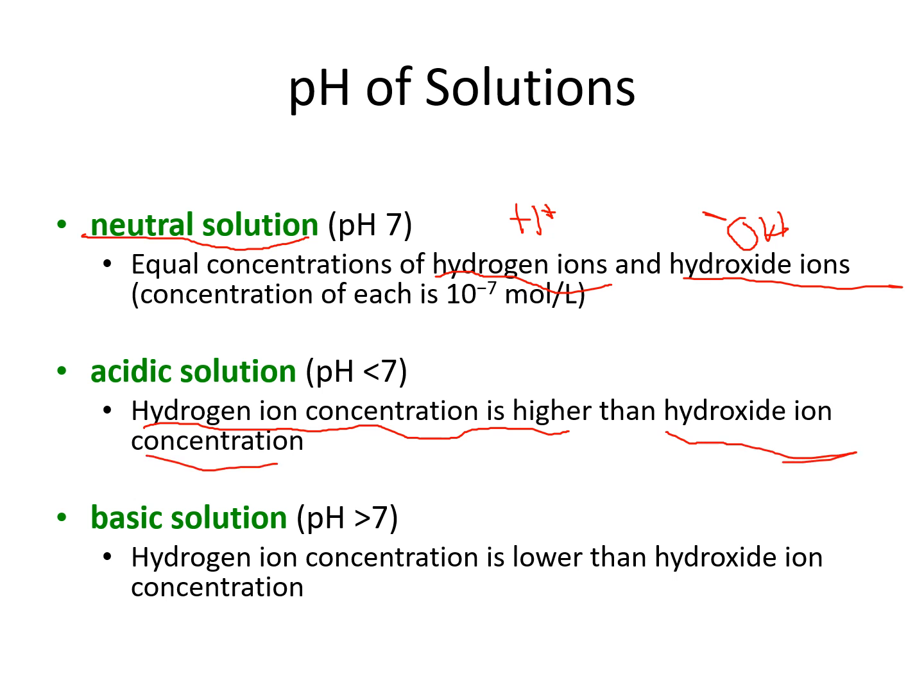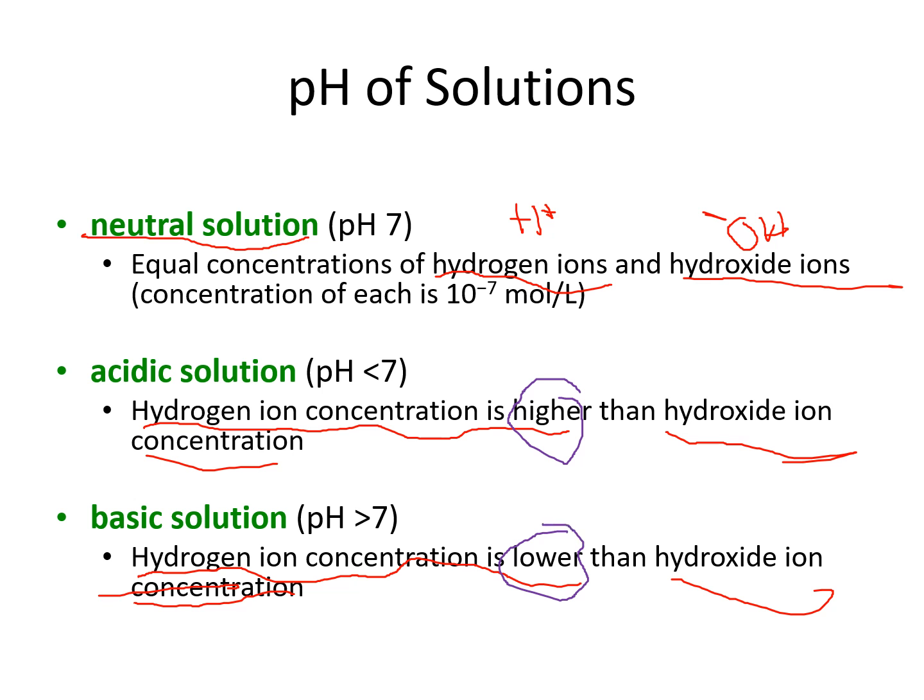And the same thing with the basic solution: hydrogen ion concentration is going to be lower than the hydroxide ion concentration. You know what I mean. The main thing is this: in an acidic solution, hydrogen ion concentration is higher than hydroxide ion concentration, and in a basic solution, hydrogen ion concentration is lower than hydroxide ion concentration.